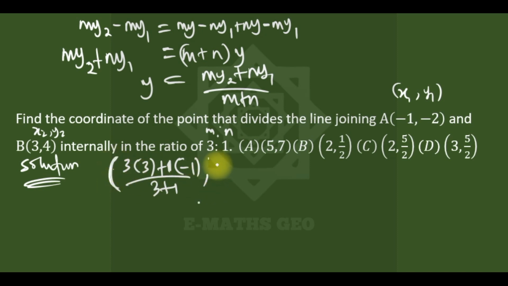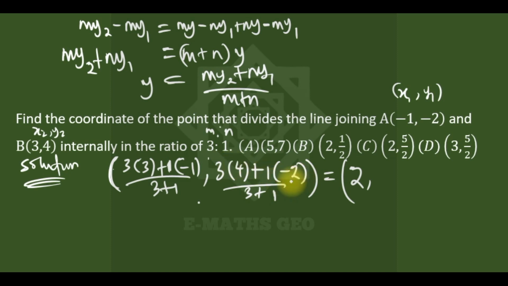For y, it is 3 times y2, which is 4, plus 1 times y1, which is minus 2, over 3 plus 1. So this is 9, 9 minus 1 is 8, and 8 over 4 is 2.